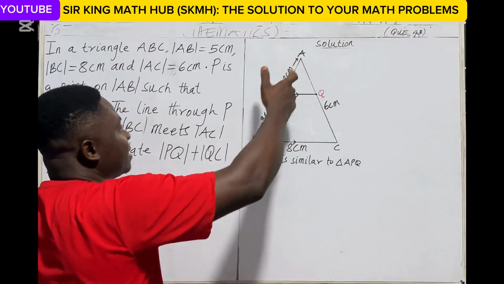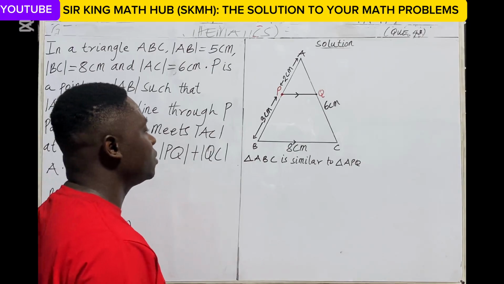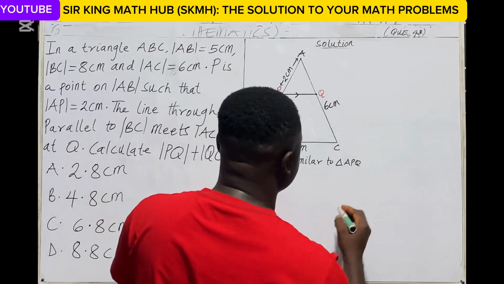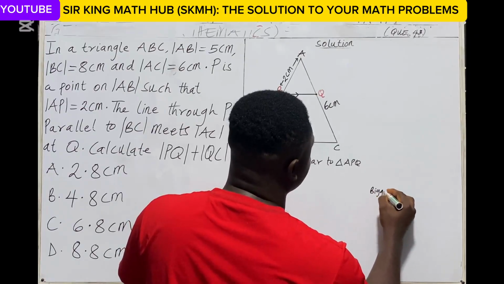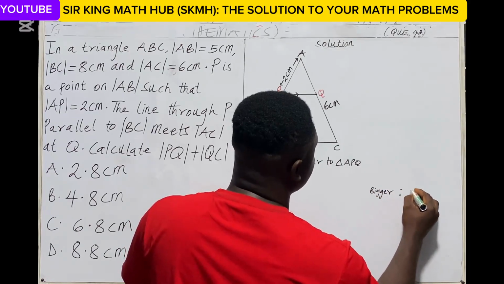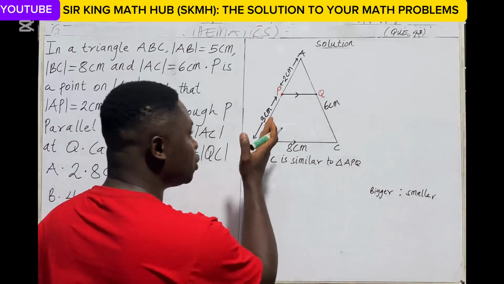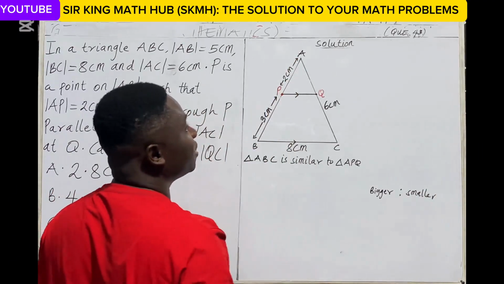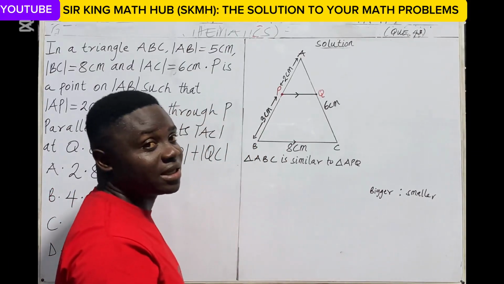So now let's begin with this side of the triangle. First of all, we are looking at the ratio of the bigger triangle to the smaller triangle. Remember, ratio can also be represented as division.